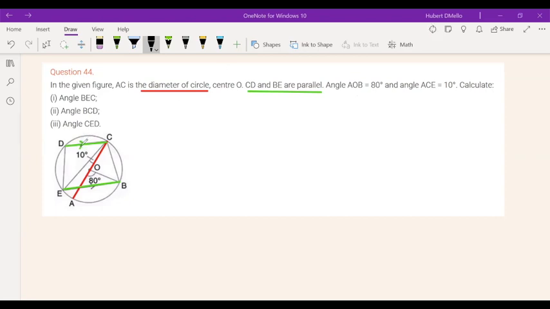So these two are parallel. The arrows indicate that they are parallel. You said the angle ACB is 40, AOB is 80.